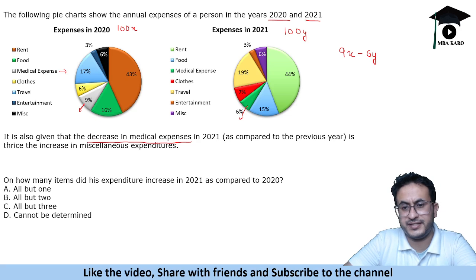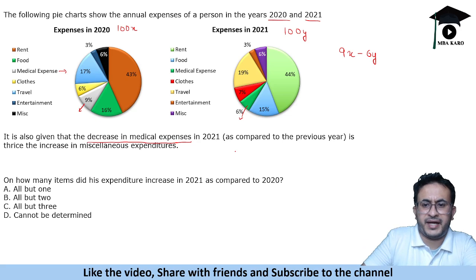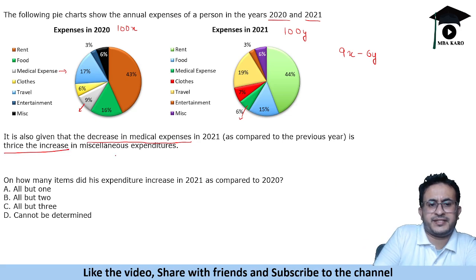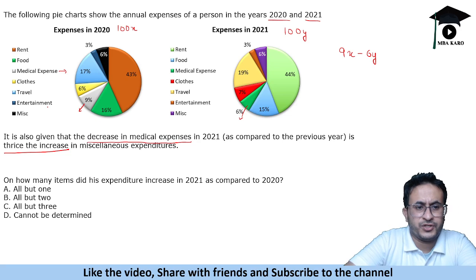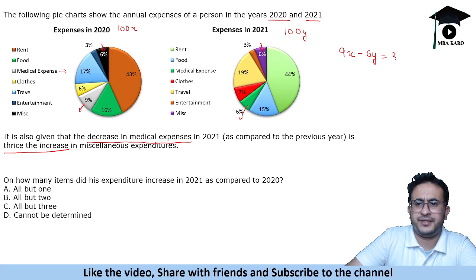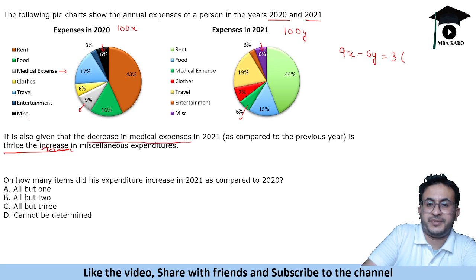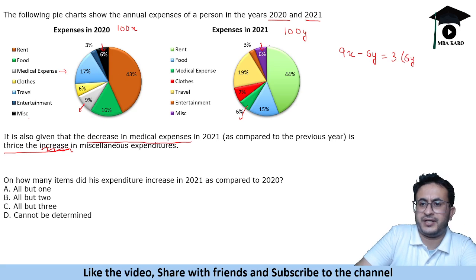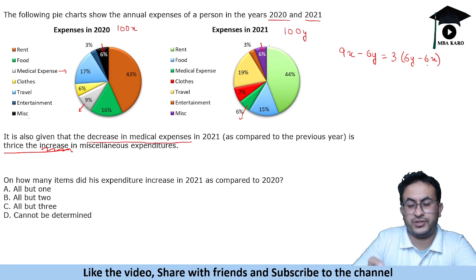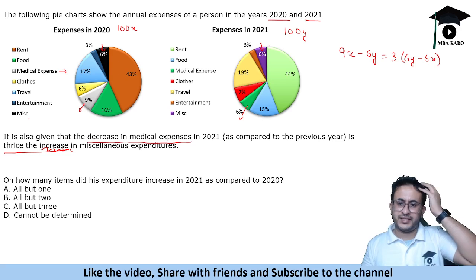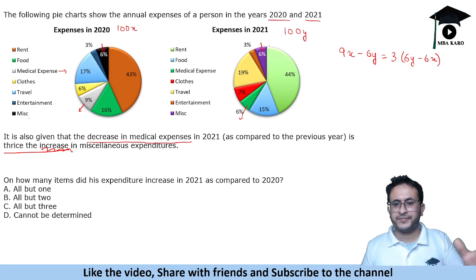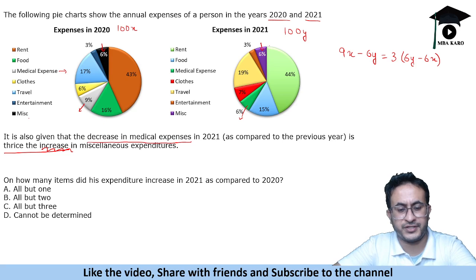That is the decrease in medical expenditure, and it is thrice the increase in miscellaneous expenditure. Miscellaneous is the last one, which is 6 here, and here also miscellaneous is 6. So there is an increase, which means we take 6y minus 6x. The question was all about making this equation and then figuring out the ratio of expenditures.